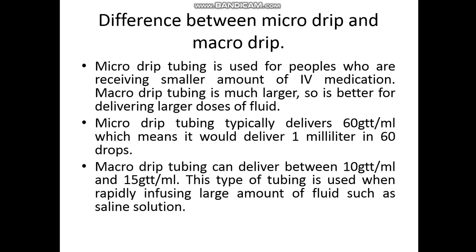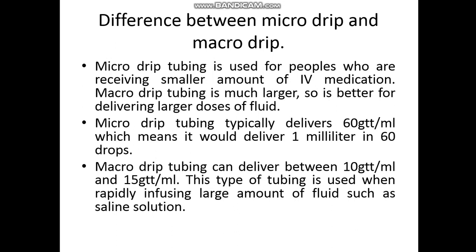In case of macro drip set, it can deliver between 10 GTT per ml to 15 GTT per ml. Which means the macro drip set can deliver 15 drops of the fluid, 15 drops of the medication.